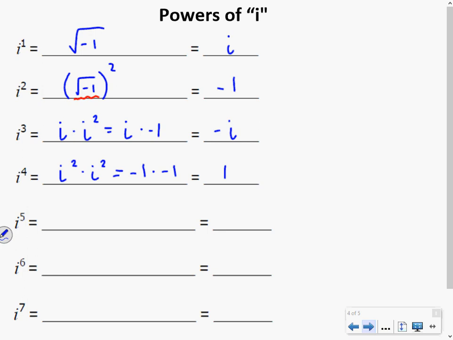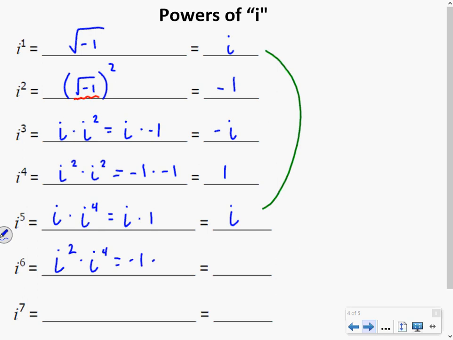i to the fifth power we can say is i times i to the fourth. We know i to the fourth is really 1, so i to the fifth power reduces down to i, which is the same as what we had here. Let's see, i to the sixth power, let's do i squared times i to the fourth. We know i squared is -1.